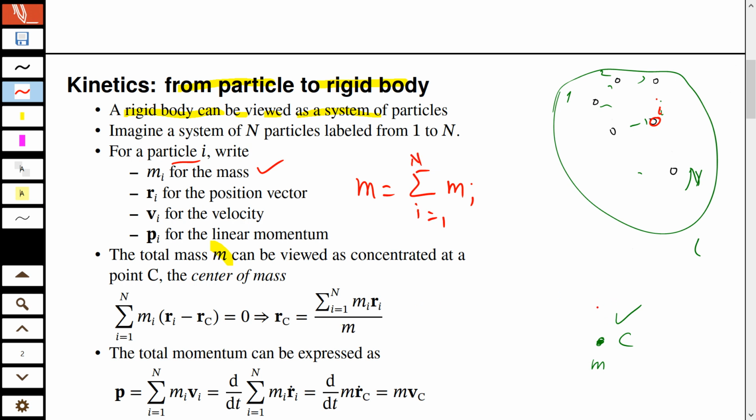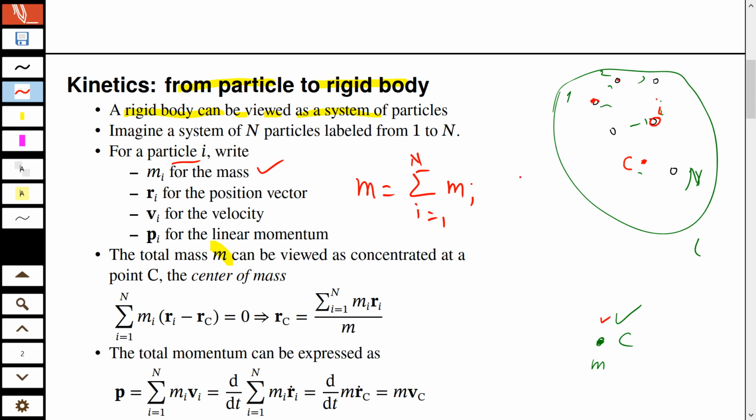The idea about the center of mass is that if it is a rigid body, and I take the moment of each particle, let's say this is the abstract particle C, which I'm looking for.